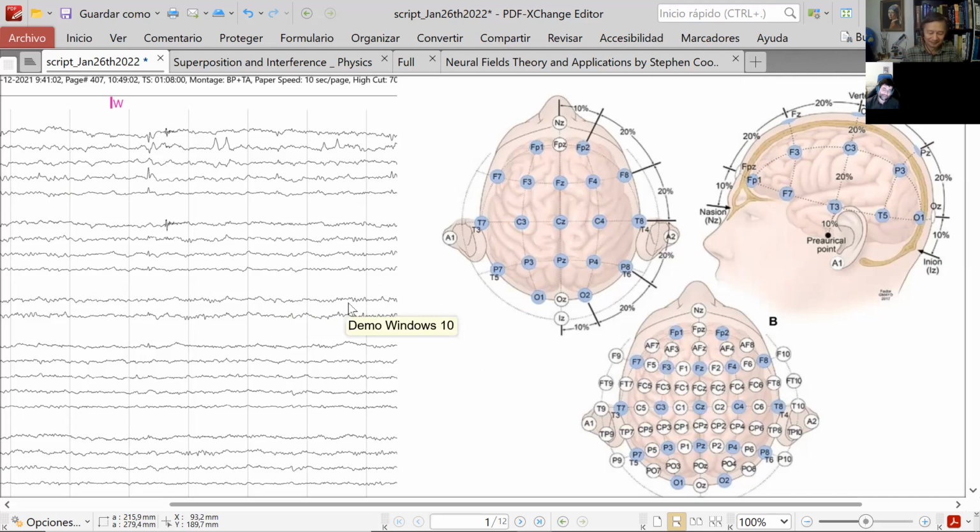Yes, the position of the electrode is not usually explained to the patients, but it is a standard, based on original studies, and the standard is in this picture.